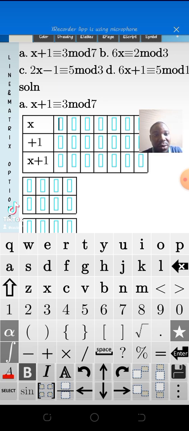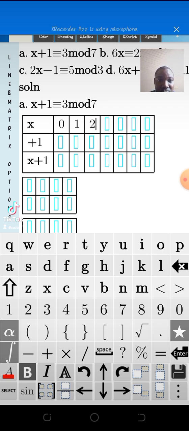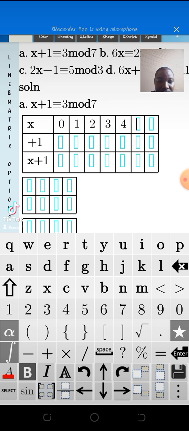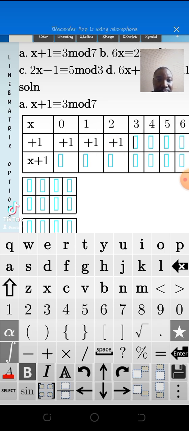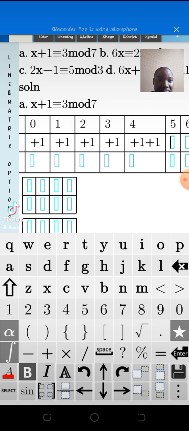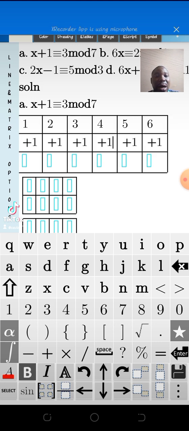So the x value is going to range, since it's mod 7, from 0, 1, 2, 3, 4, 5, and 6. Is that okay? So the plus 1 is a constant. So it will remain constant: plus 1, plus 1, plus 1, plus 1, plus 1, plus 1, and plus 1. Is that okay now? So you have that.